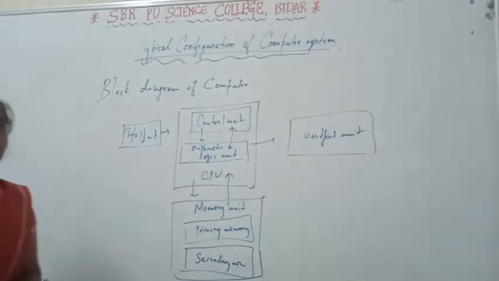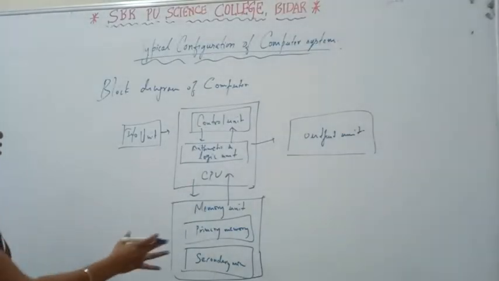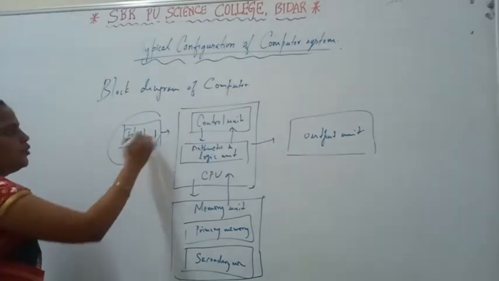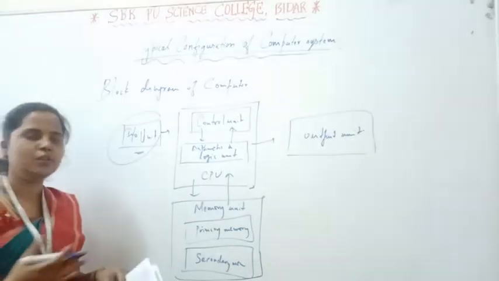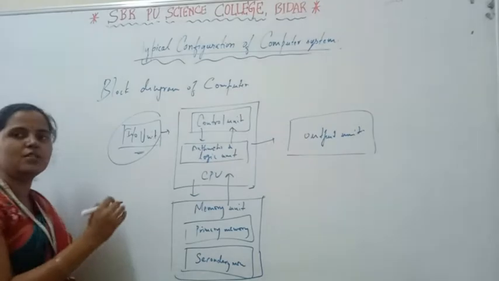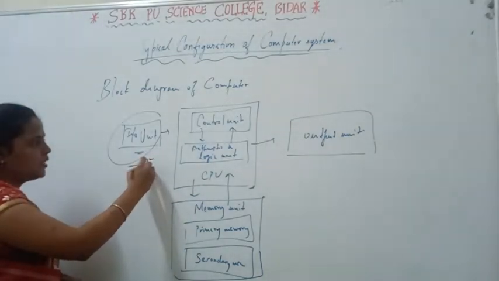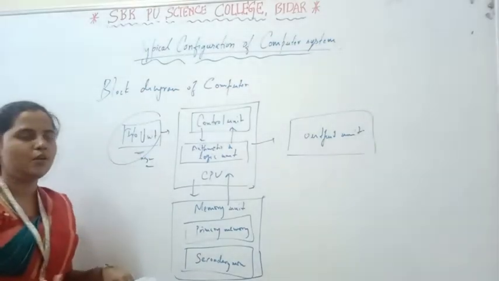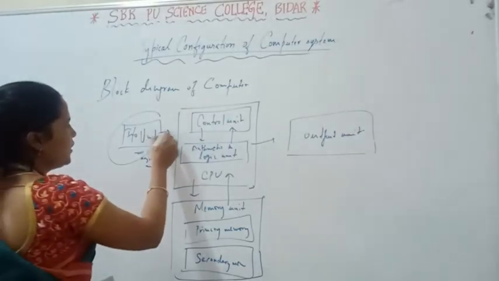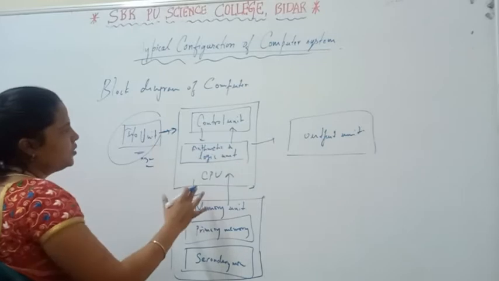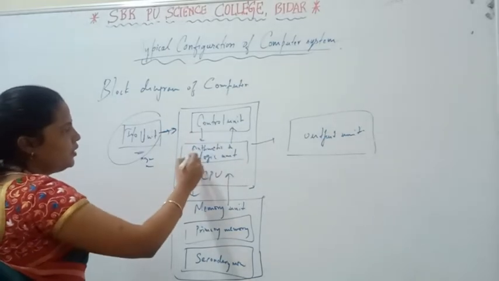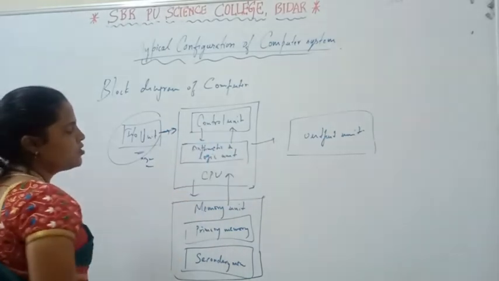So a computer is a collection of all this. It includes an input unit. Whatever data you want to give should be given by this unit. So यहाँ पे by keyboard and by mouse, you are going to enter the data. After that, the data goes here. Okay, here this is a control unit and arithmetic and logical unit.